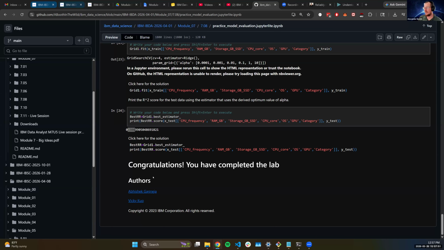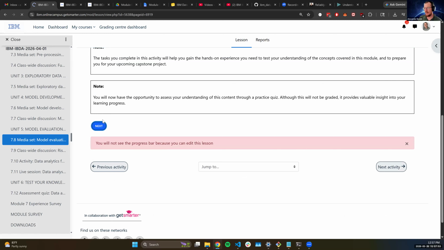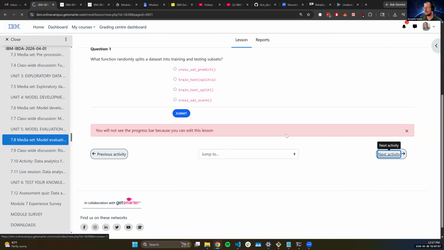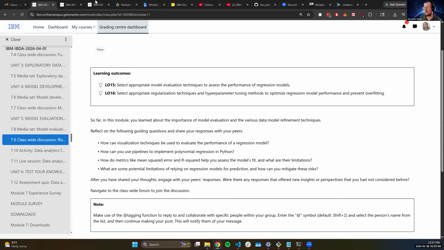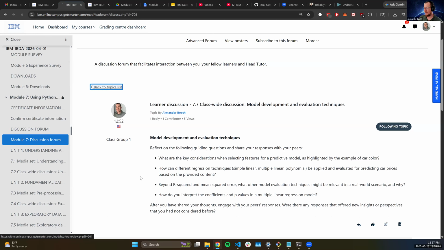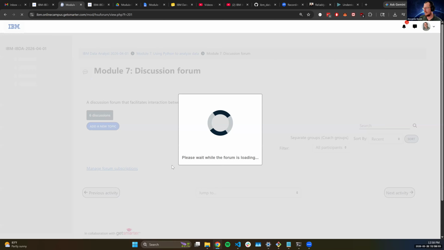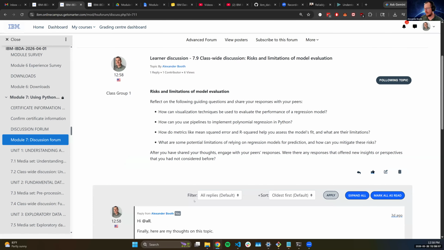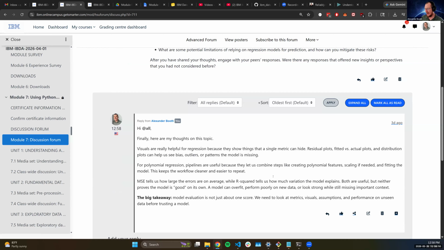All right, let's dive into the main notebook here because I only have about 10, 15 minutes left. One more discussion post, probably worth thinking about. This is 7.9. What are the risks and limitations of models? Again, you typically need to look at a holistic view of your model.